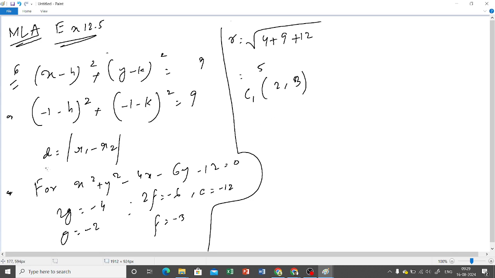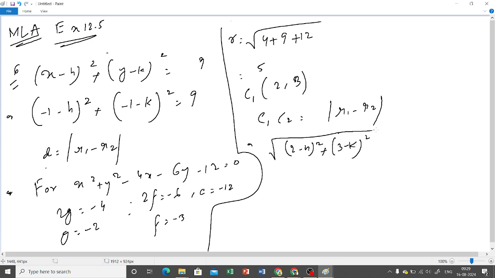So d is the distance between C1 and C2. So C1 C2 equals to mod of R1 minus R2. What is this?